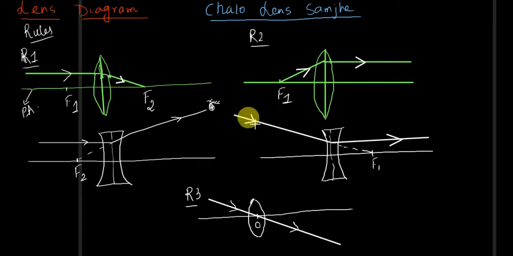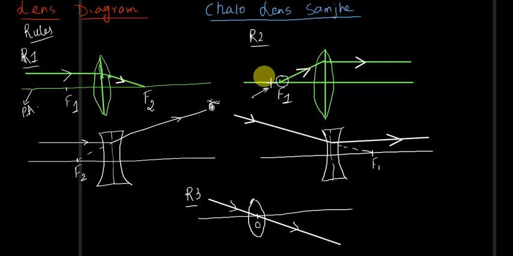If you consider the concave lens, then if any ray seems to be directed at focus, the emergent ray will be parallel to the principal axis. In the convex lens, first focus means you have to consider the incident light always coming from it.